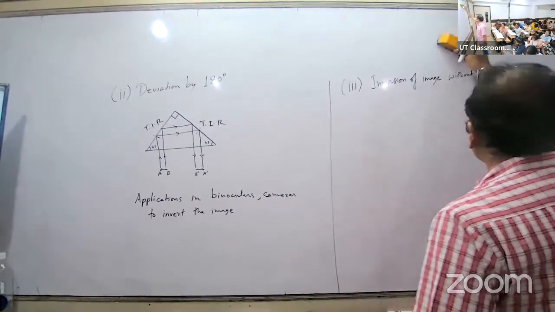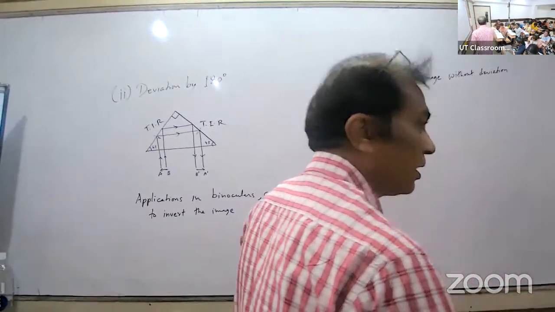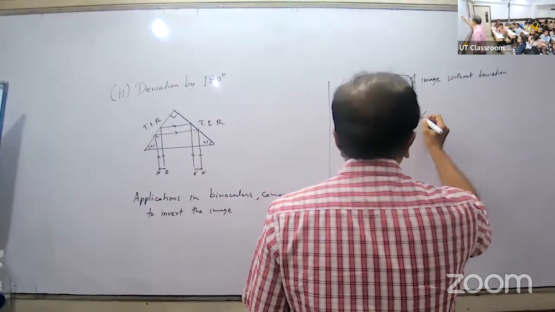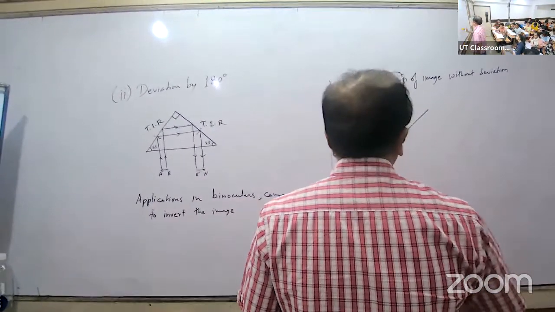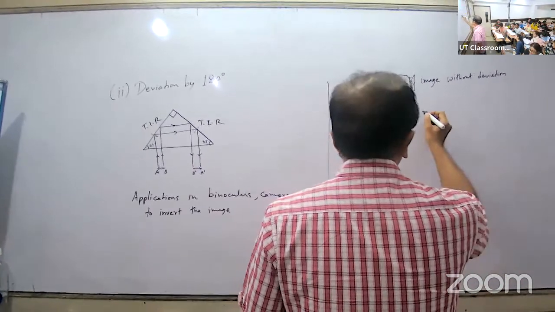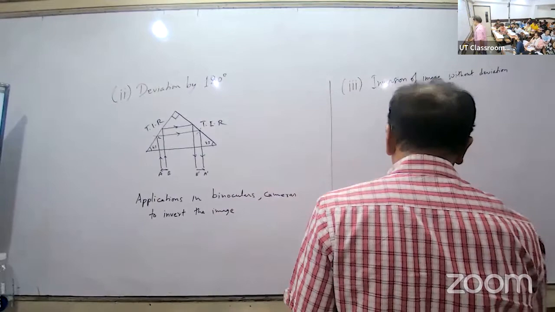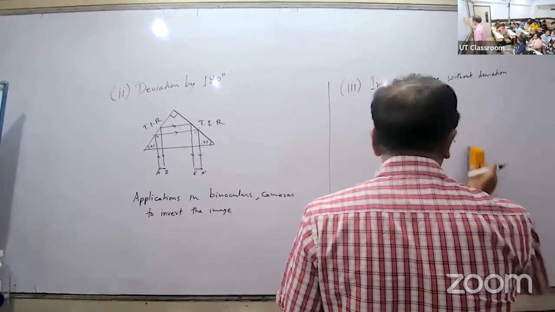So there is no deviation in this case, but you still get inversion of image. Again the prism is kept on its hypotenuse.